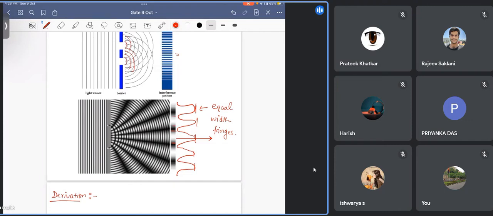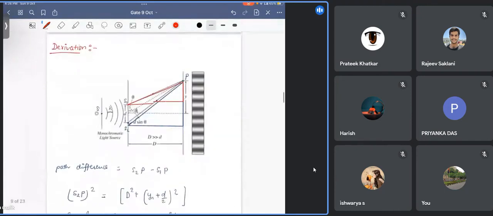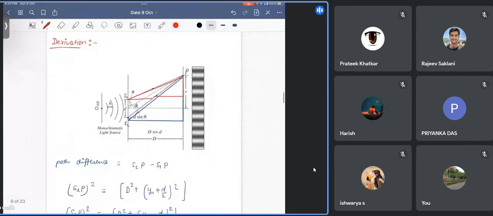This is the derivation you are all familiar with, but let's do it again. You have two slits S1 and S2. They are placed at a distance d, and you place another screen at a distance capital D from these slits. And you have some source like a bulb.